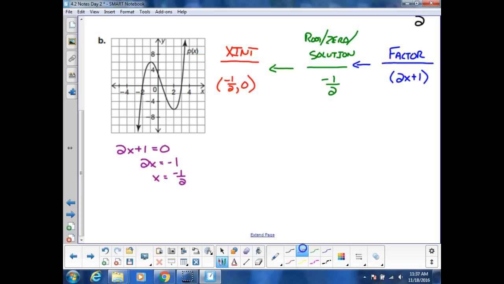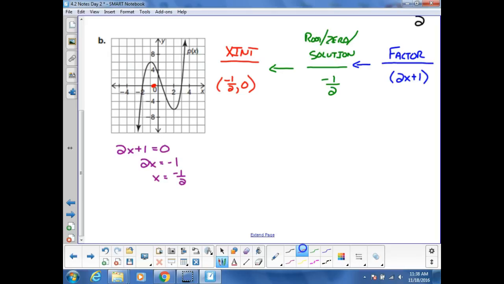Which means what? Which means the function would have to cross through that point, right? Well, that point is right there. Does my function go through that point?